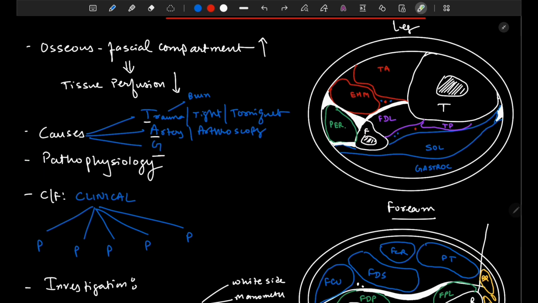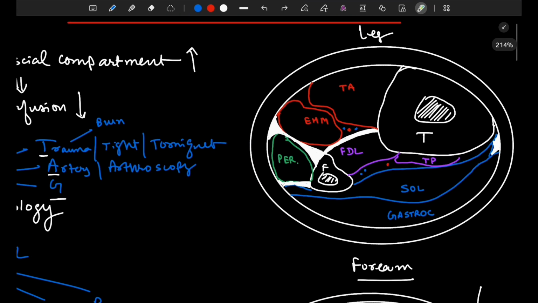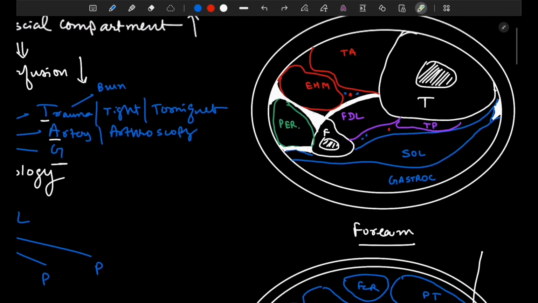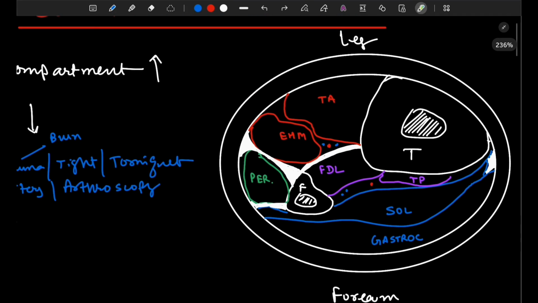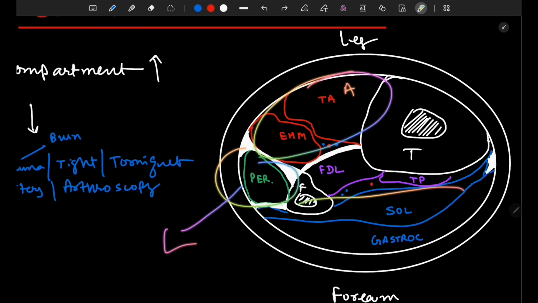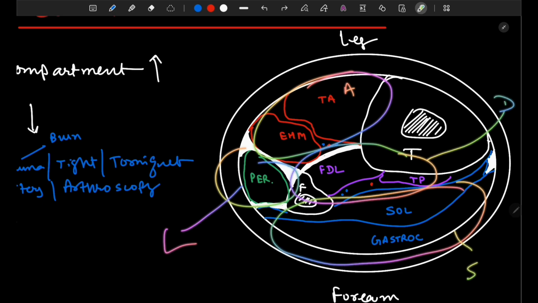Here we can see the different compartments of the leg and the forearm. One by one, let's look at them. In the leg, the compartments are divided into anterior, lateral, and posterior. Here we can see the anterior compartment, the lateral compartment, and the posterior superficial and posterior deep compartments.